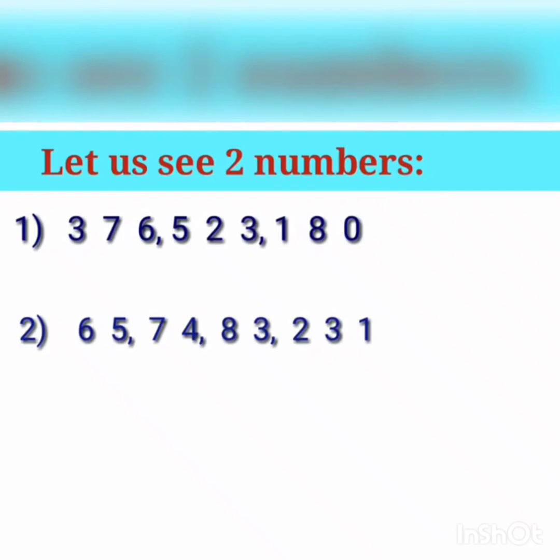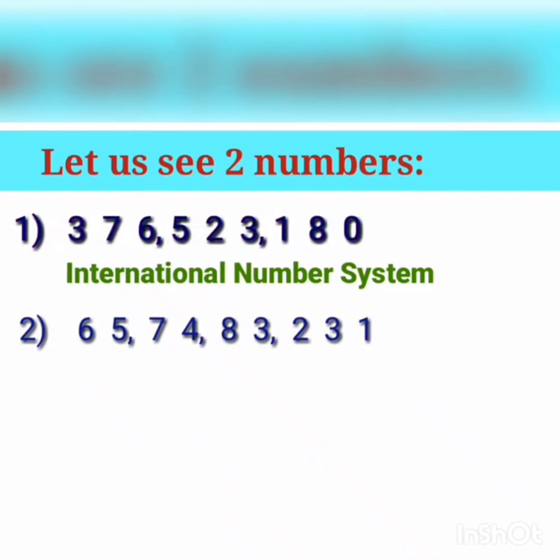In these two numbers, which is Indian number system, which is international number system, and what are the place values? To understand this, commas are helpful. Look at the first number. In this number, after every 3 digits, insert a comma. This method is used in international number system. So this number belongs to international number system.